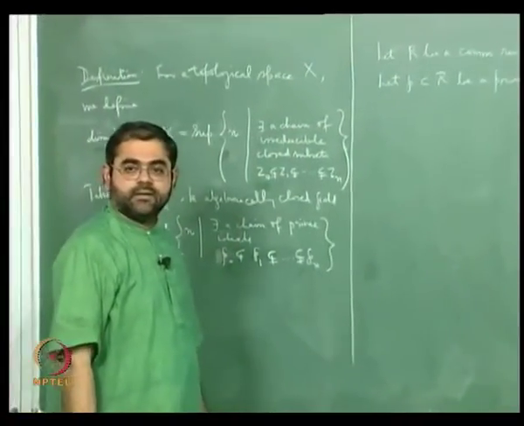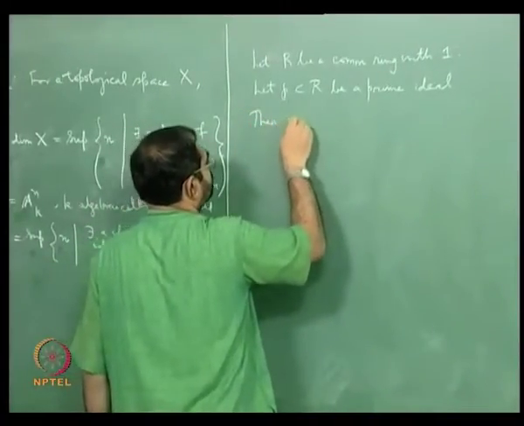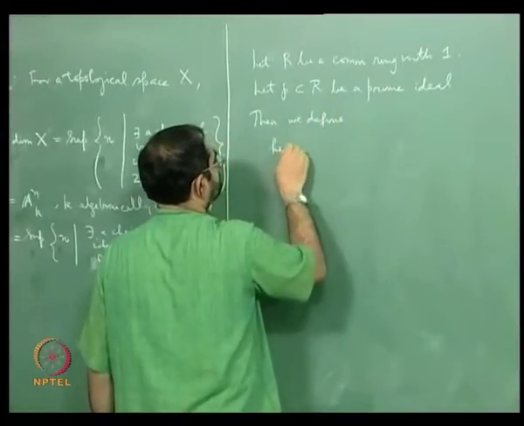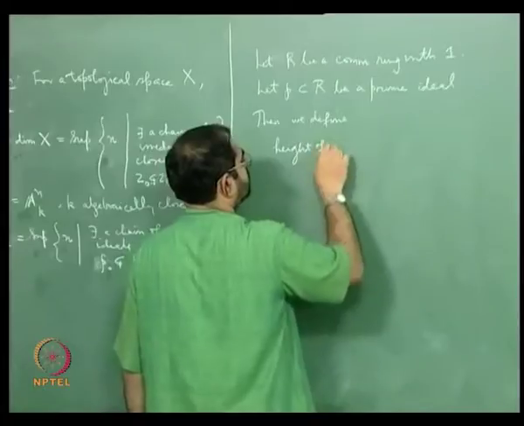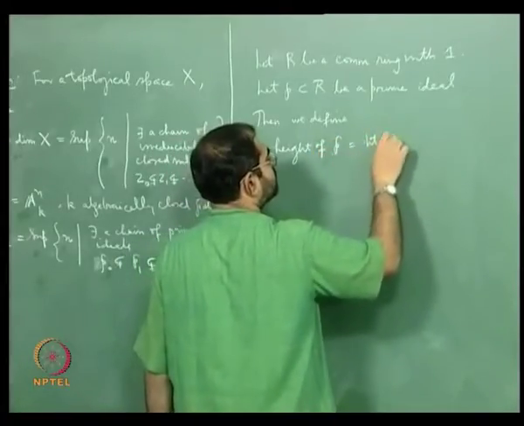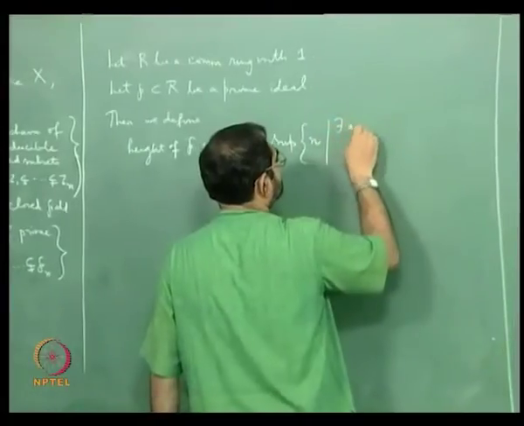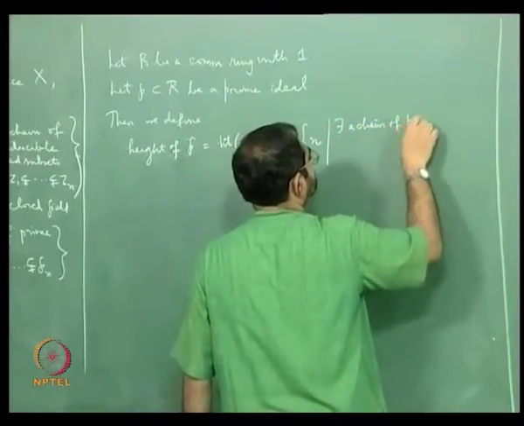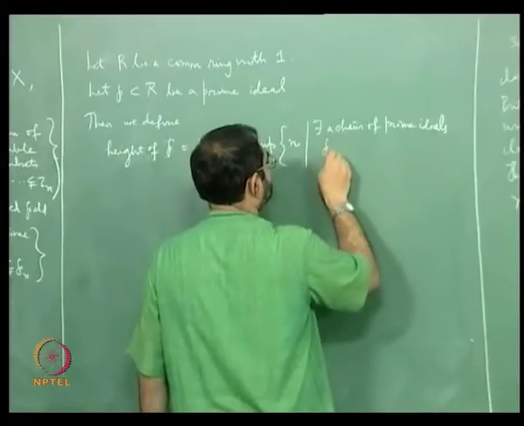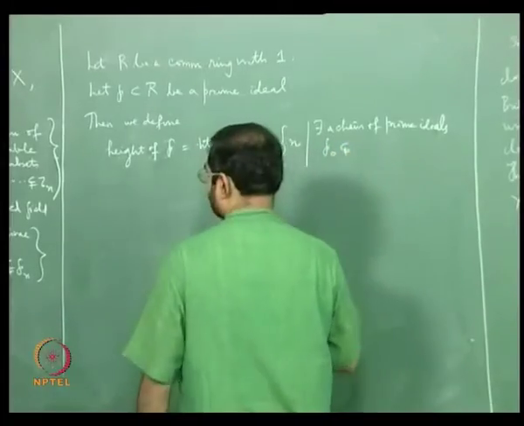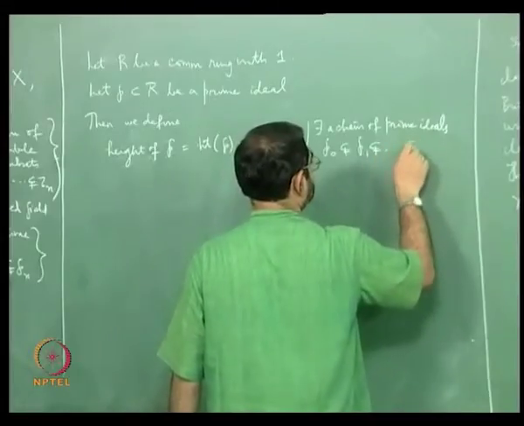Then we define the height of P, written as HT P, to be the supremum of all the n's such that there exists a chain of prime ideals P0 properly contained in P1, properly contained in and so on up to Pn.